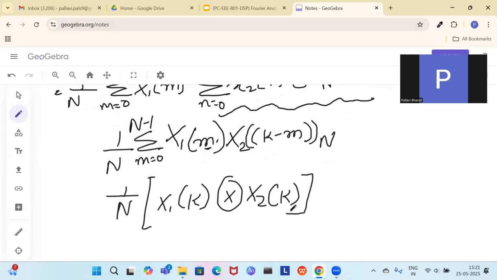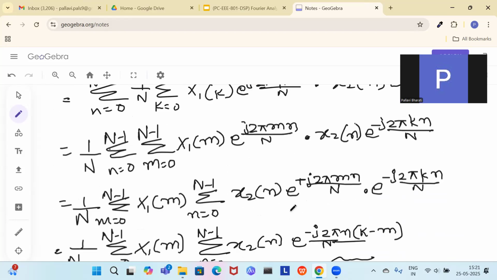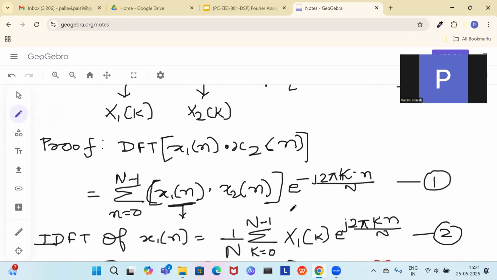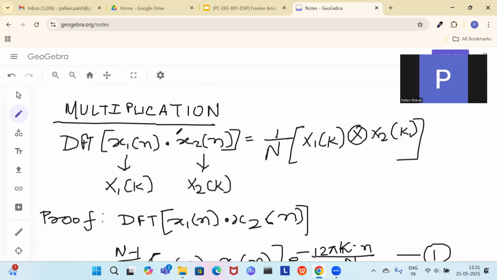So going once again through this derivation, what we had to do initially was prove that if we multiply the signals in the time domain, it will result in convolution in the frequency domain. So multiplication in time domain results in convolution in frequency domain. This we had to prove.